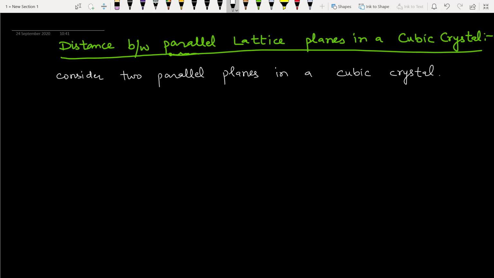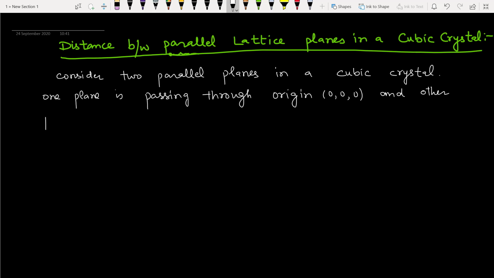One plane is passing through origin and the other plane, which is parallel to the previous plane, is named as ABC plane, having Miller indices HKL.